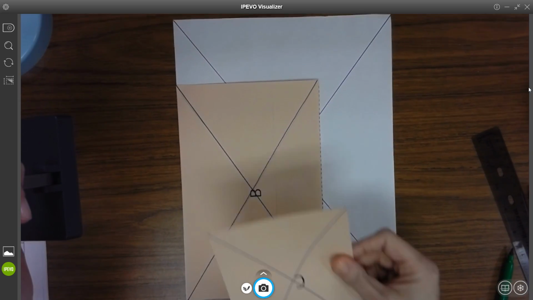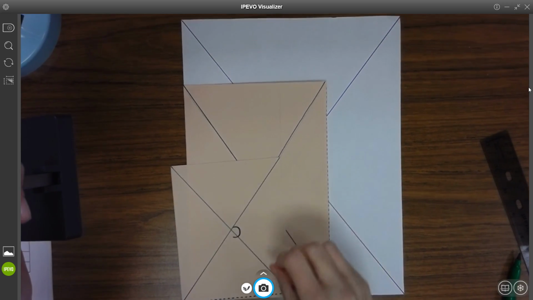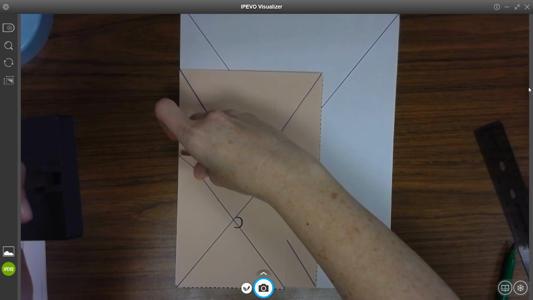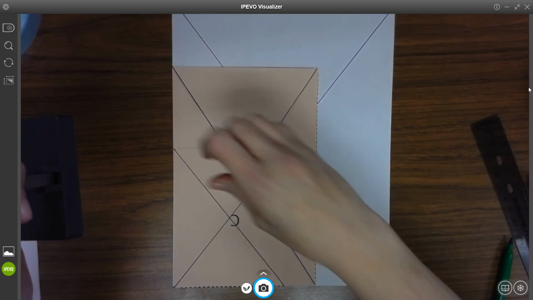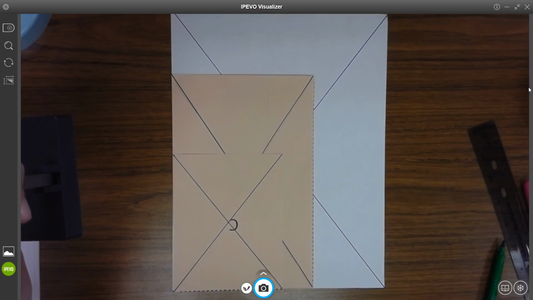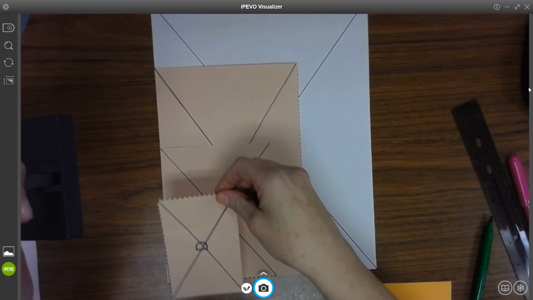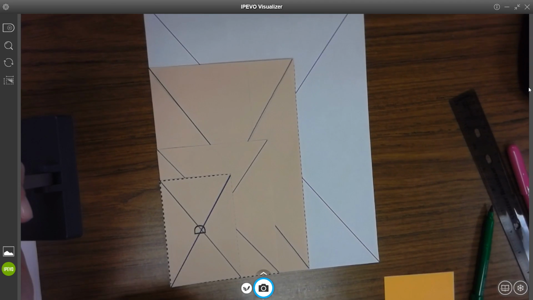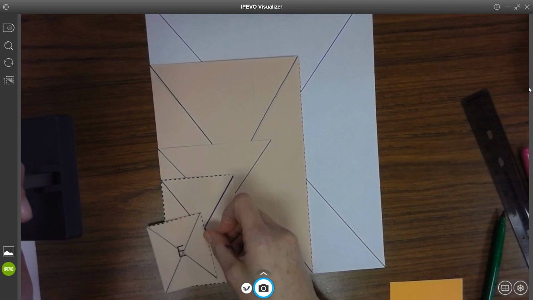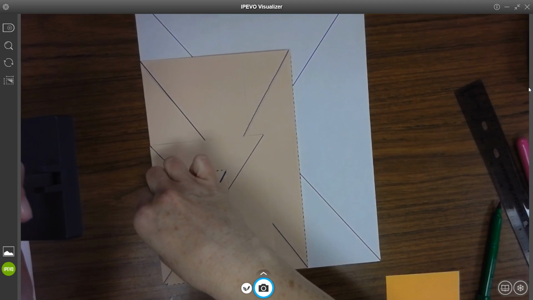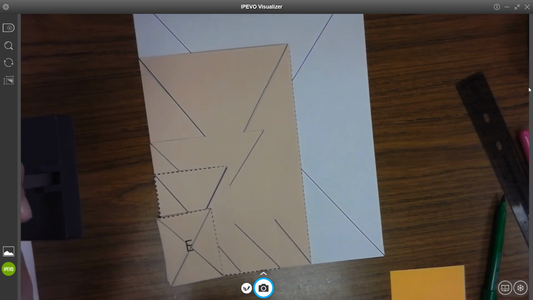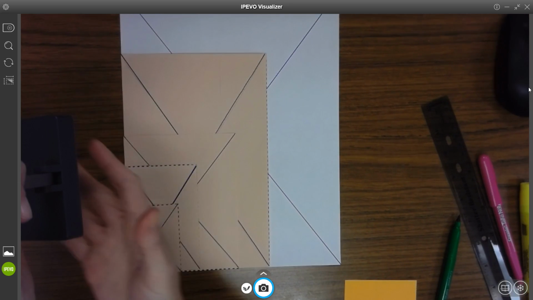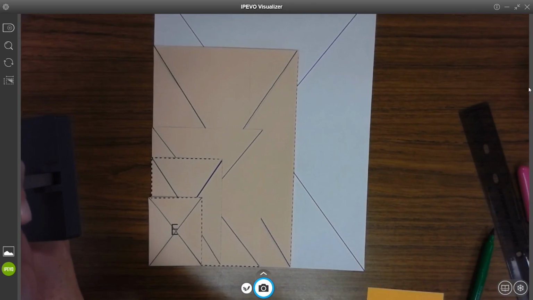C, that one in the corner. D, and then E. Sorry about that. I'm holding this up midair.